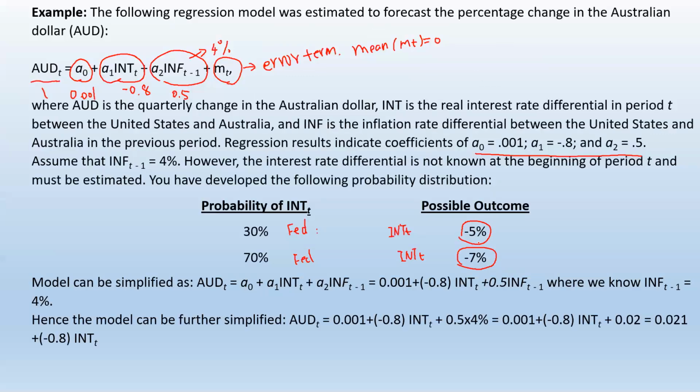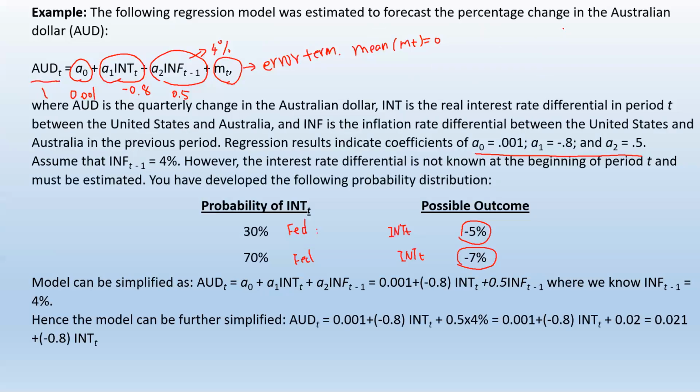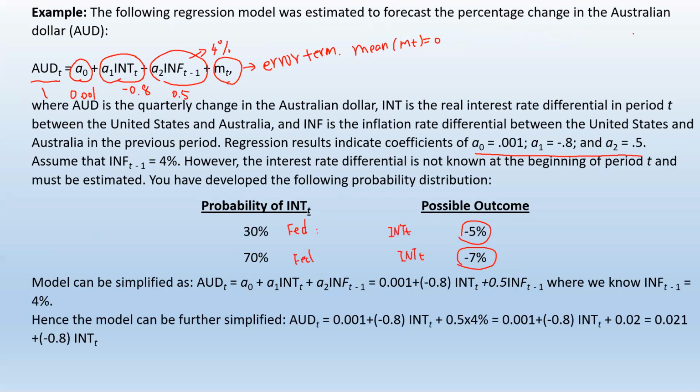So let's copy this model here. The percentage change of the Australian dollar is 0.001, A0, plus -0.8 times the interest rate differential, and plus 0.5 times the inflation differential over the previous quarter.